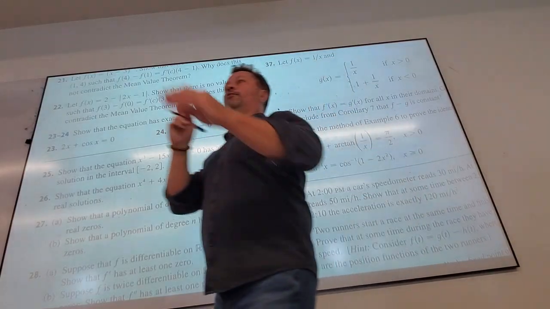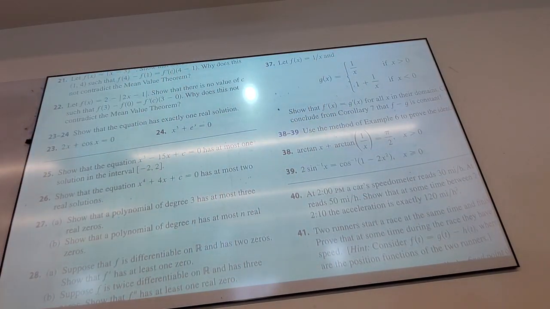In this case, what's the function you're working with in number 24? X cubed plus e to the x. What is that problem saying it wants to happen with that function? It wants that function to be zero.